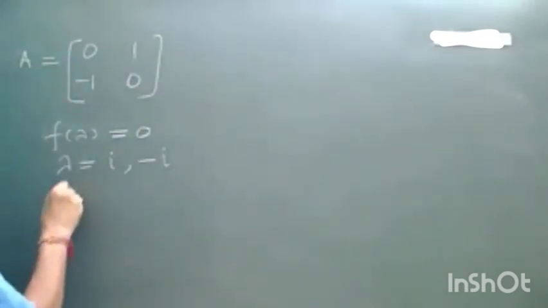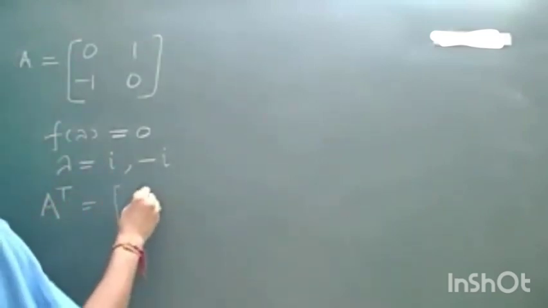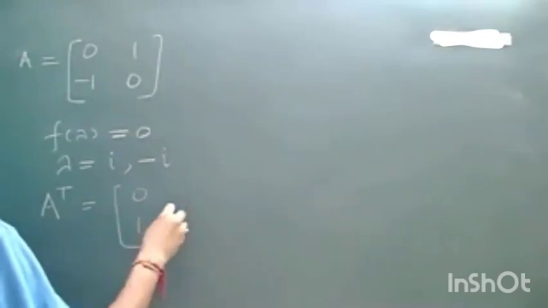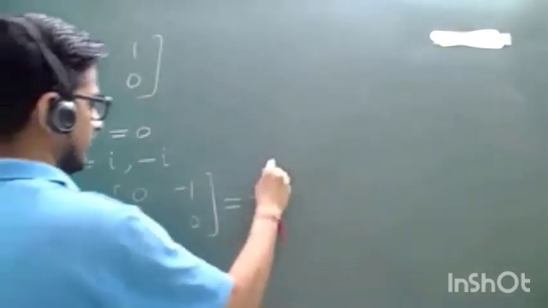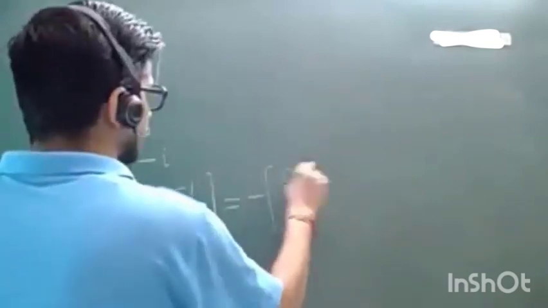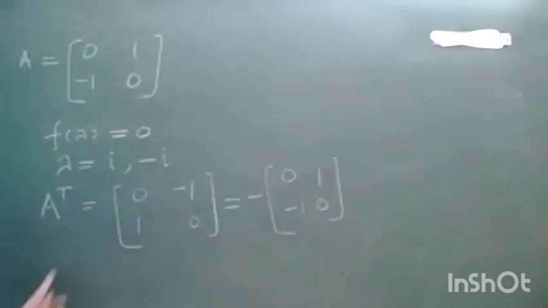A transpose is equal to 0, 1, minus 1, 0, so that is minus of A. So this is skew symmetric.